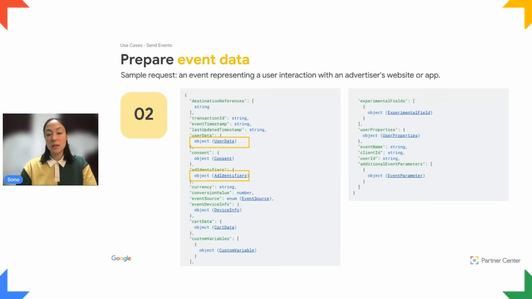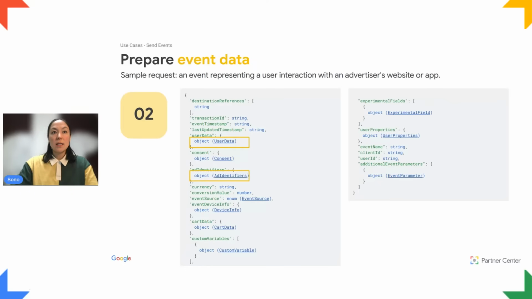For us, it's important to know how to populate the user data object and the identifiers. I just want to highlight here that the formatting, especially for the event timestamp, but also the currency, is very important because this is the most common error root cause when it comes to importing offline conversions. The timestamp is always the time the actual conversion happened and needs to be formatted in the correct way.